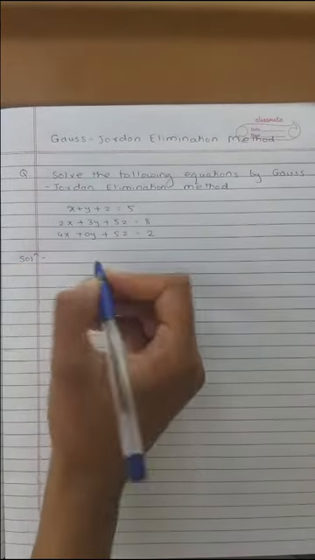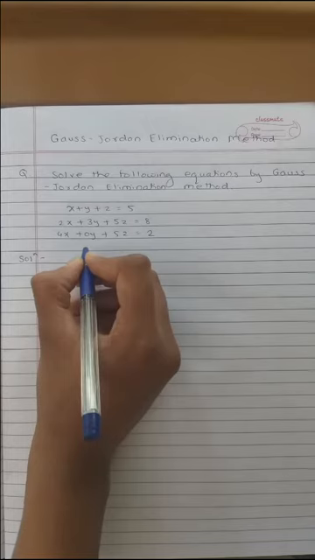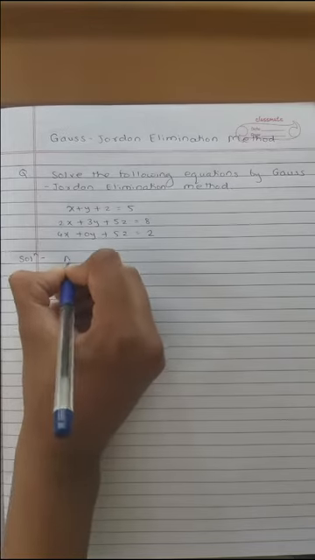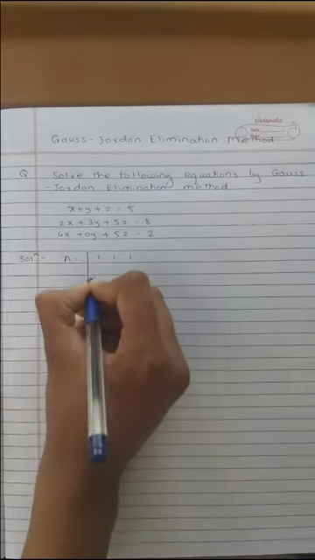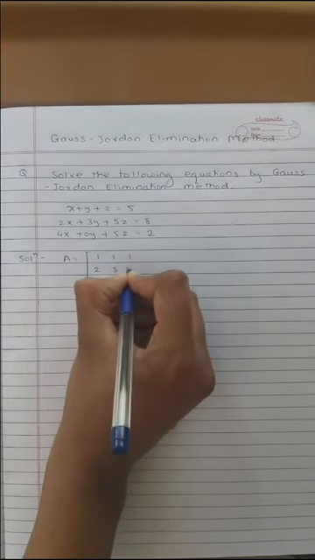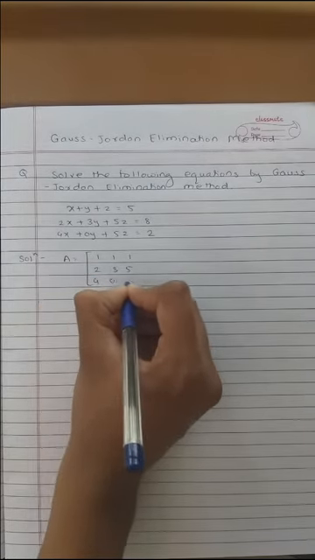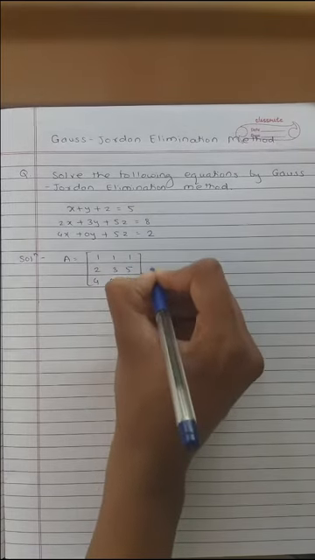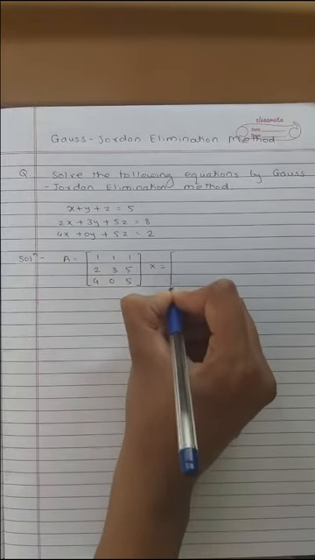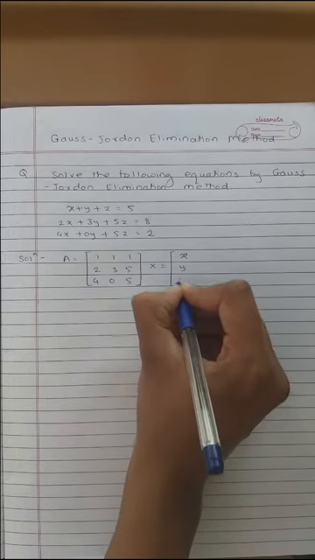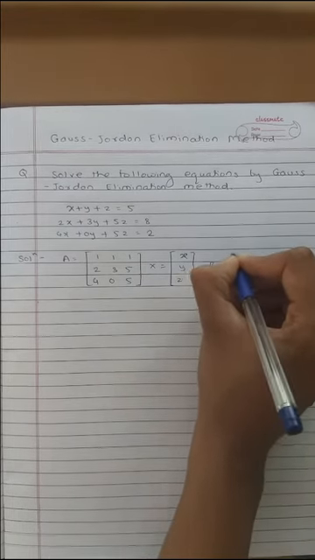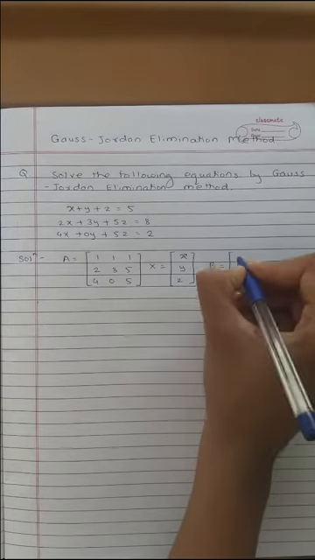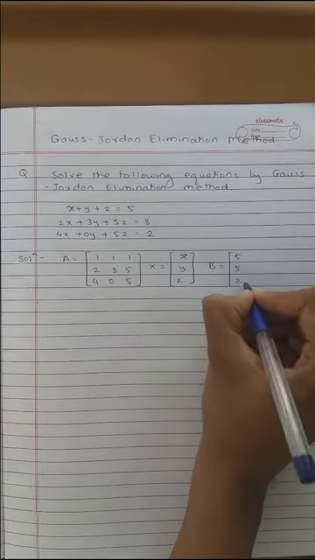Solution. First we will convert this into the matrix form, that is A is equal to [1 1 1; 2 3 5; 4 0 5], X is equal to [x y z], B is equal to [5 8 2].